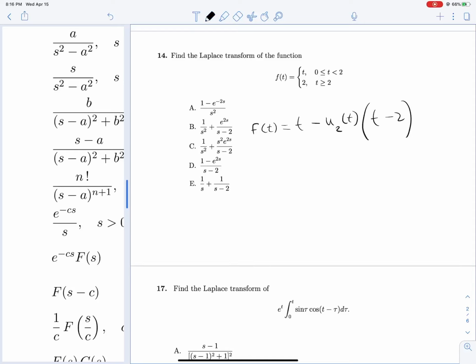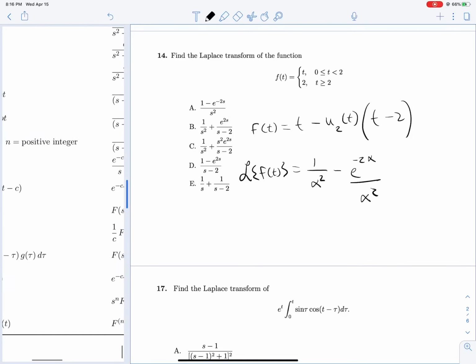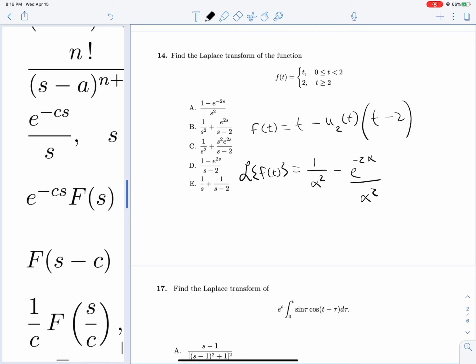And this is a very easy Laplace transform at this point, because we don't need to do anything else to get it into a form where we can take our Laplace transforms of these bits. This is 1 over alpha squared, and then minus e to the negative 2 alpha, all divided by alpha squared, because remember, our big F of s term is just the Laplace transform of the function f of t.